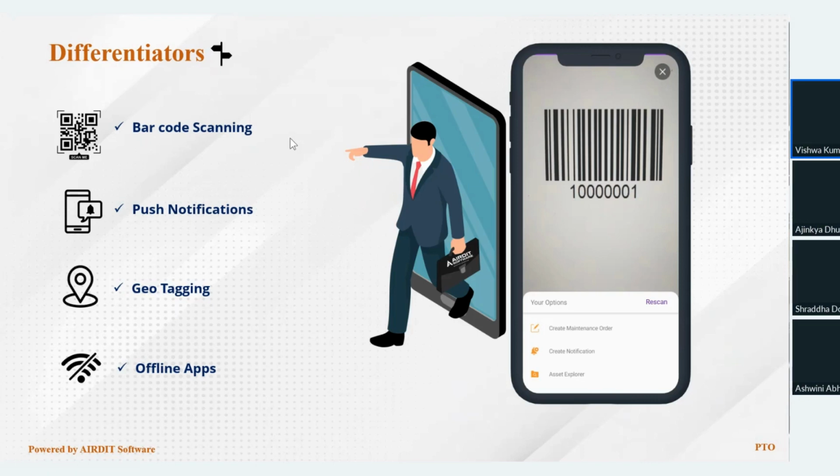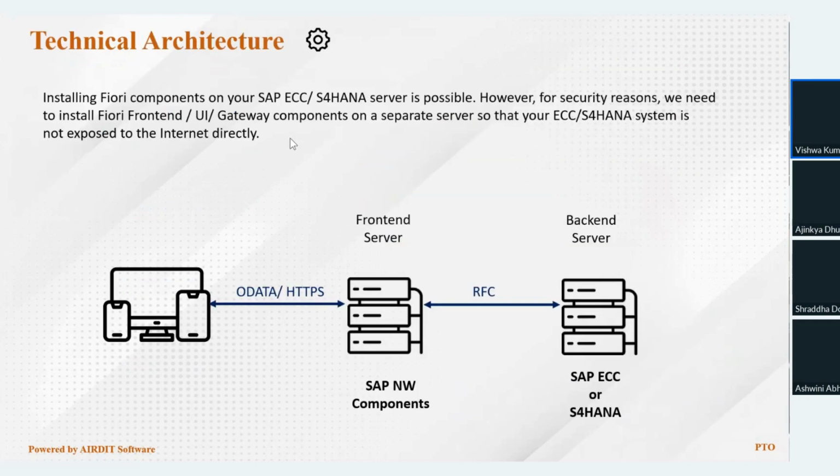Based on request, we can also make your Fiori offline. Making Fiori offline is sometimes tedious, because we have to make the Launchpad offline, then make the applications offline. But we have done it for many customers.